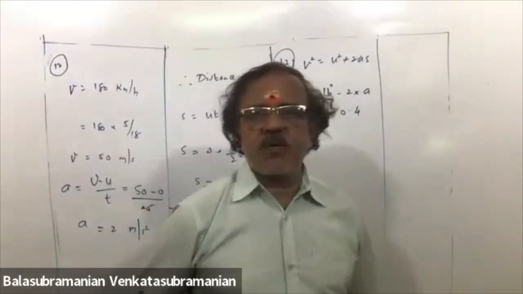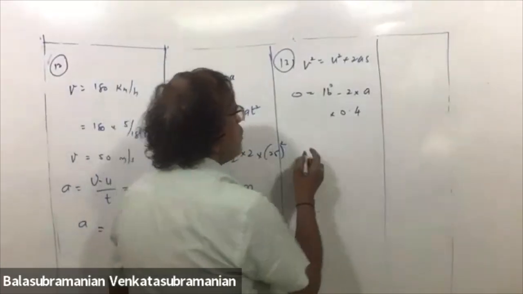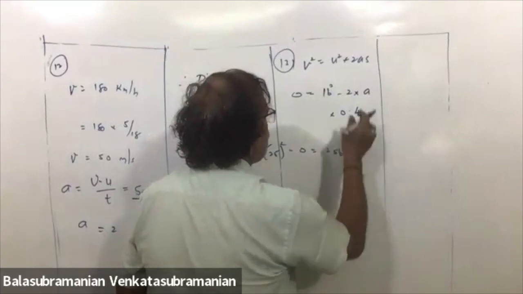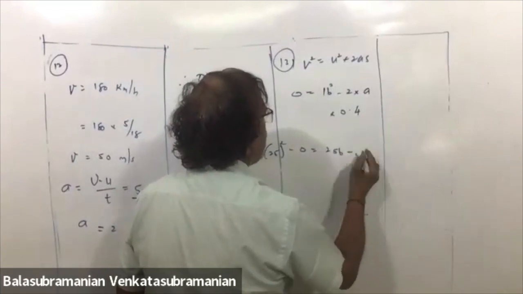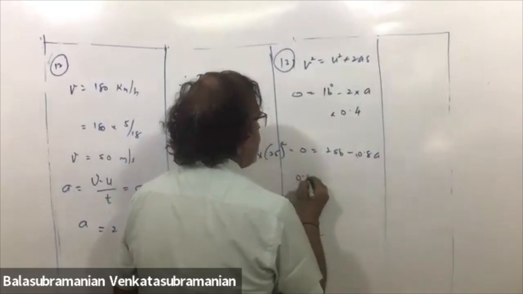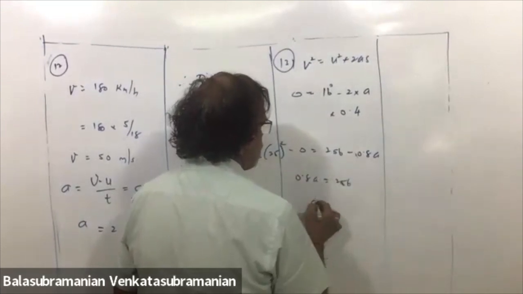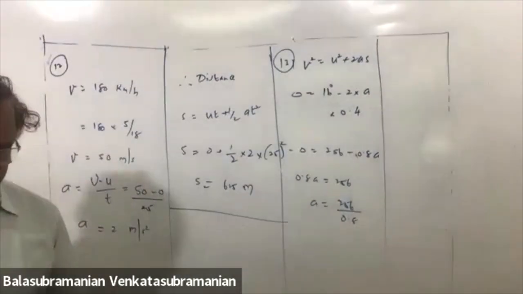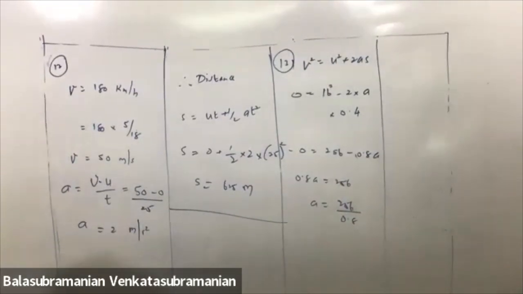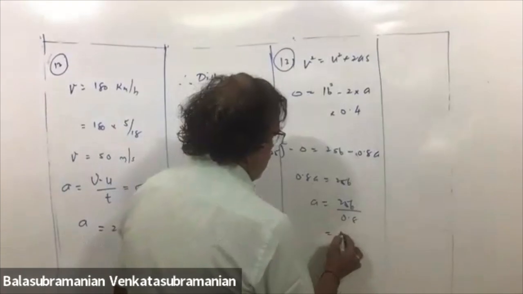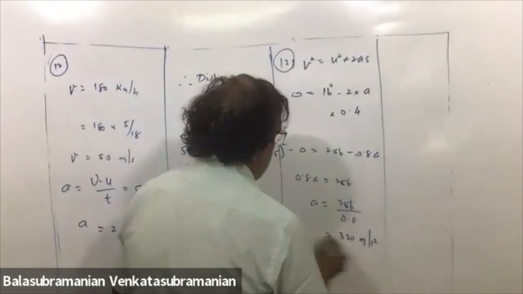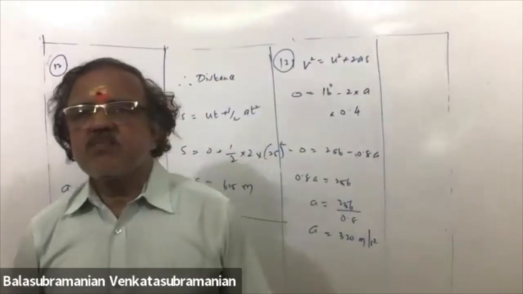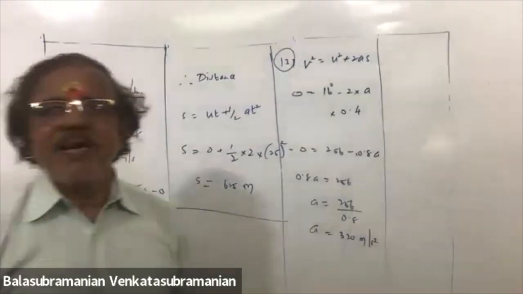So minus sign we are putting. So 0 is equal to 256 minus 2a, 2 into 0.4, 0.8a. 0.8a is equal to 256. A is 256 by 0.8, 320 meter per second square. Acceleration, retardation is minus sign. That's all. 320. Minus sign means retardation.